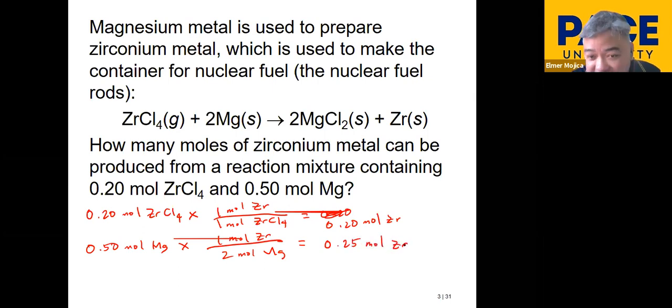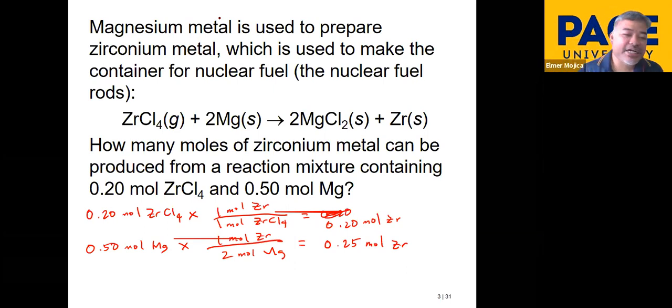So which is the limiting reactant? Anyone? Type it in the chat. Which is the limiting reactant between the two? Okay, how about the others?